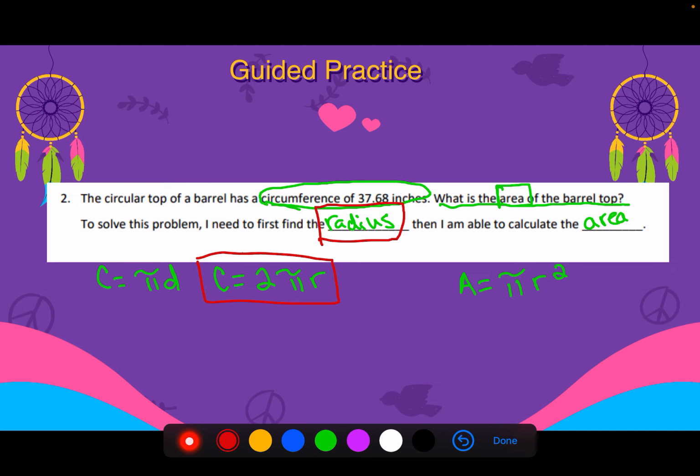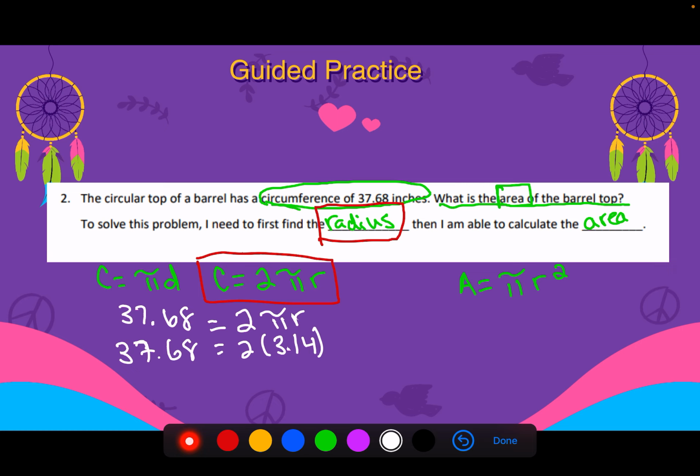Okay, so our problem gives us circumference. So our circumference is 37.68, and that is equal to 2 pi r. Well, we know that pi is 3.14.